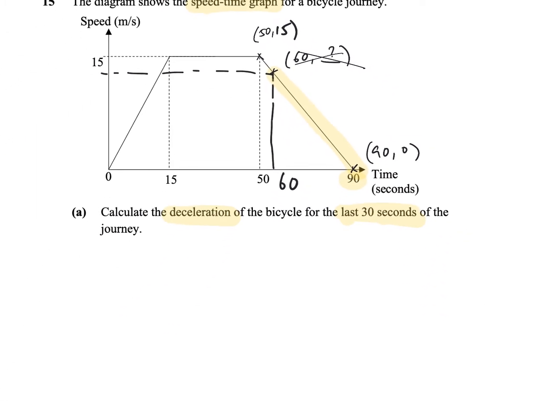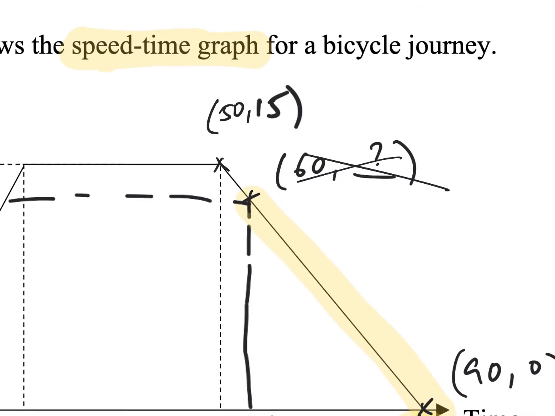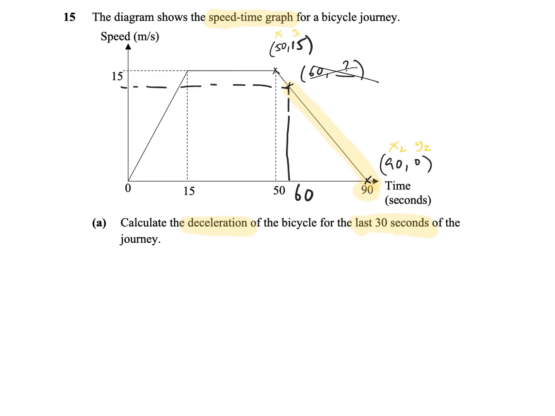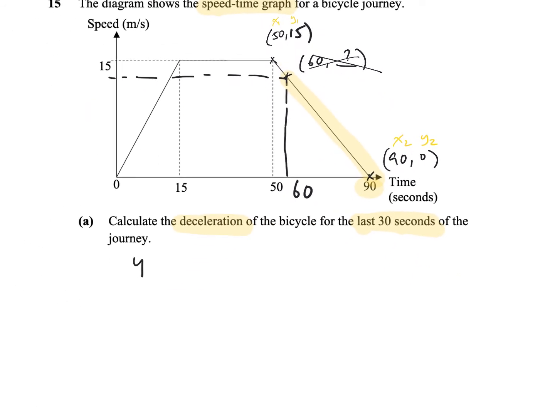So there you go. I can just go ahead and find my gradient, whereby this is x1, y1, and this is x2, y2. The formula gives y2 minus y1 over x2 minus x1. This is my gradient.